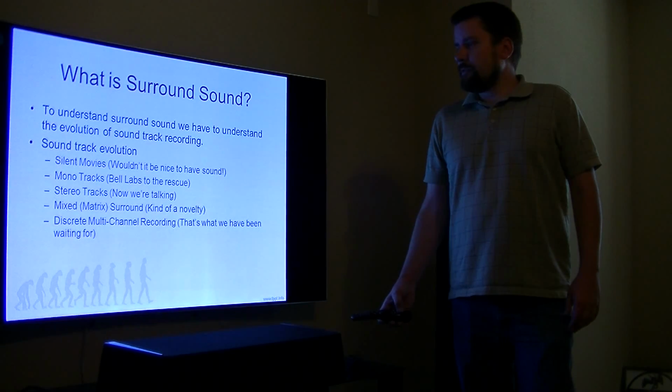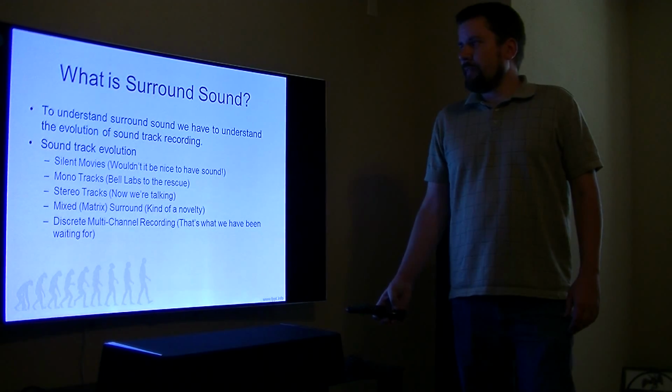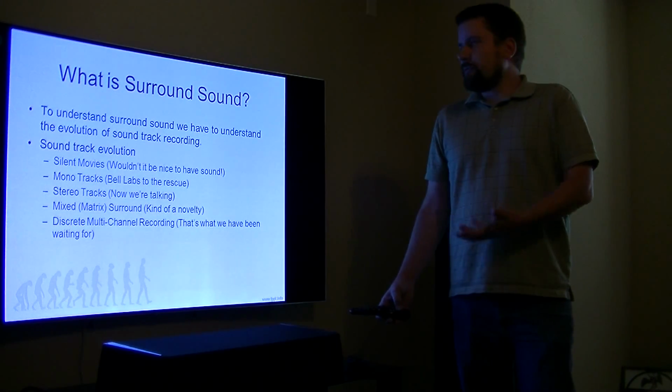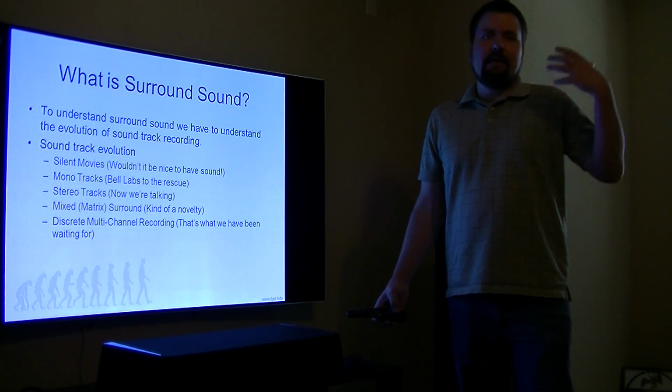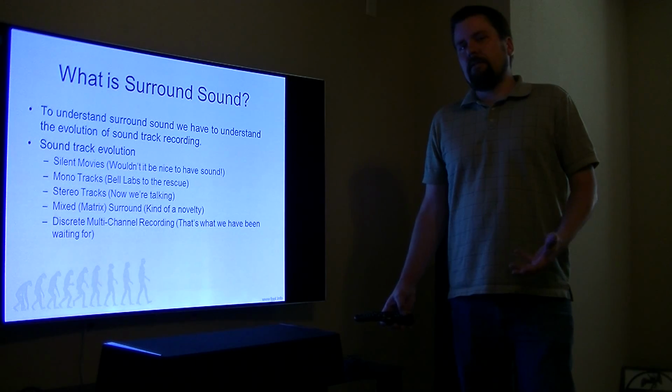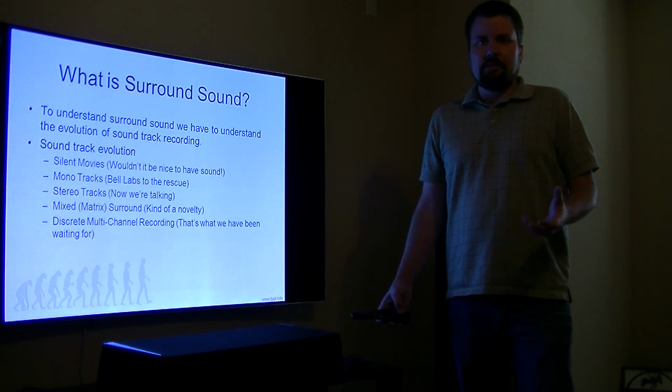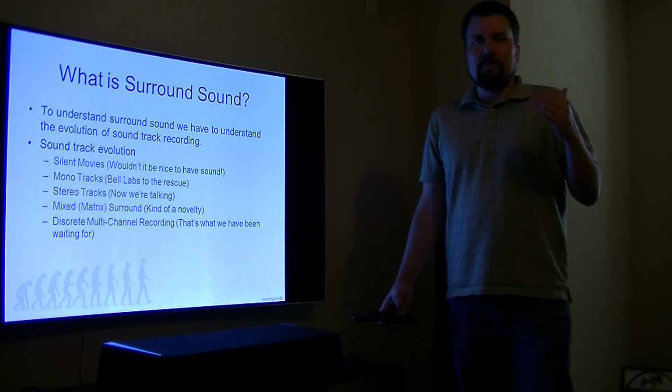So let's start with some basic understanding here. What is surround sound? Surround sound is essentially the evolution of the soundtrack that goes along with movies. And by evolution, I mean how the sound was mixed.